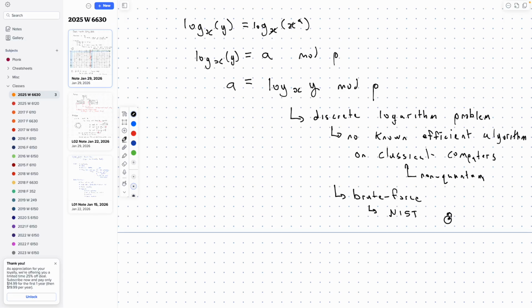I forgot to do this last class, but we should say the size of P, not the value of P itself. So that notation of the bars just means the size of P. So it's greater than 4096 bits, which is the same as saying 2 to the 4096.